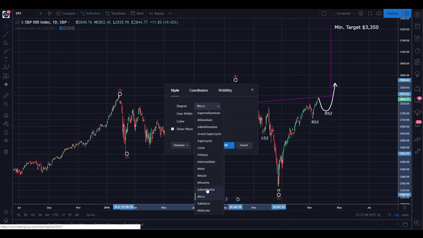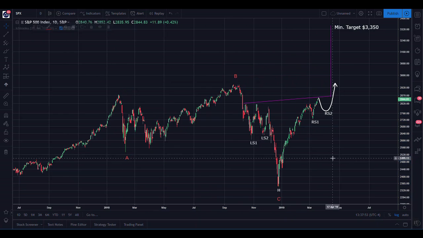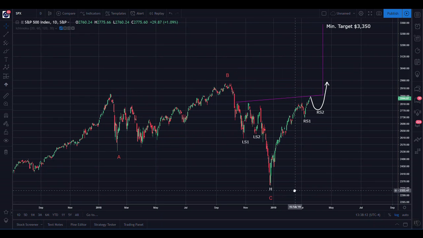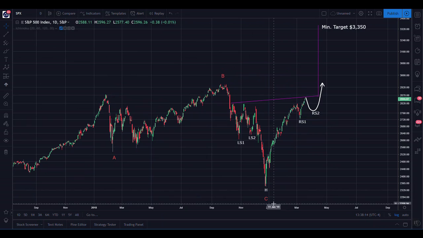So if this was an expanded ABC, where you have a 5, very long 3, and 1, 2, 3, 4, 5 subwave composition for C, that means this ABC were the subwaves of the wave 4, and this is wave 5.